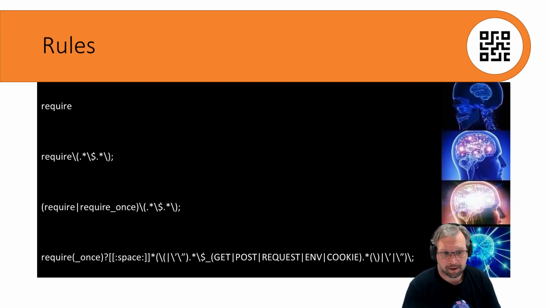And in fact, the parentheses are optional. You can do require, space, string. And then we want to make sure that there's a variable, and ideally a variable that we know the attacker is almost guaranteed to be able to control. So GET, POST, REQUEST, COOKIE, they're almost always user controlled. Environment can be hit and miss.